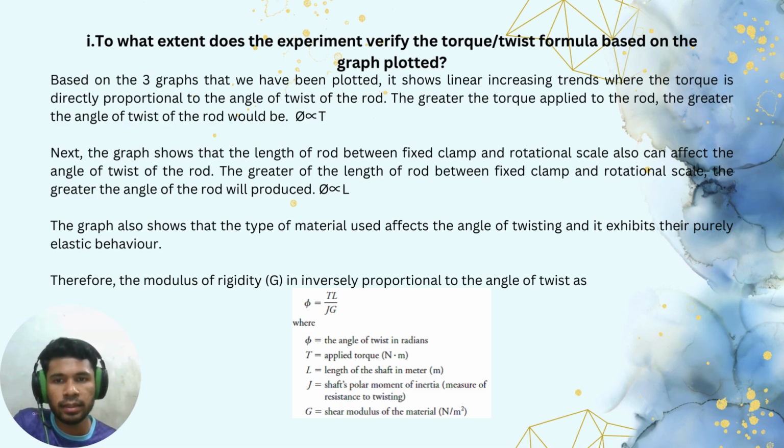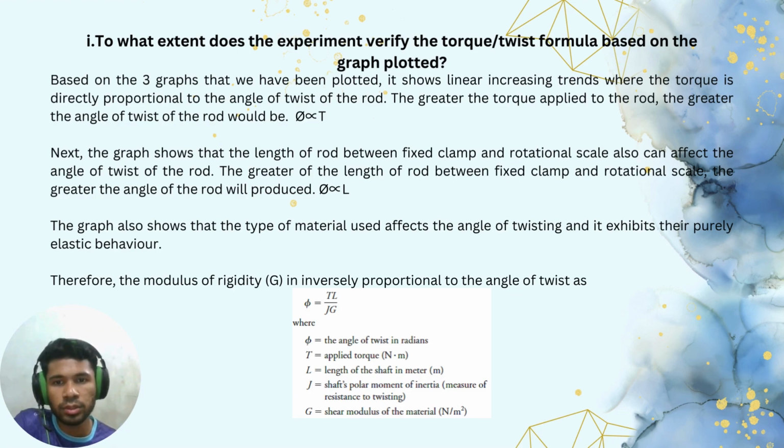Next, the graph shows that the length of the rod between the fixed clamp and rotational scale also can affect the angle of twist of the rod. The greater the length of the rod between the fixed clamp and rotational scale, the greater the angle of twist the rod will produce.